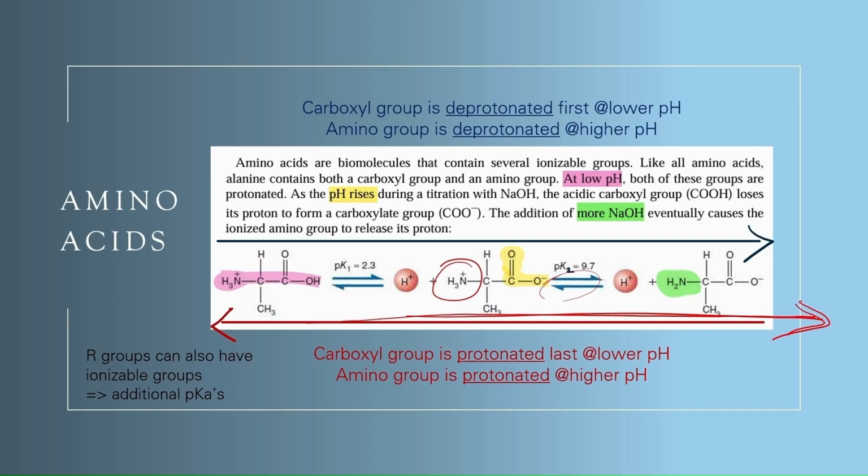And once all the amino groups have lost their protons, they're going to go past this equilibrium point and the pH is going to increase again, yeah? Now, at the highest pH, after pK2, you're going to have both of them in their deprotonated forms. Alright, I hope that is clear. In the reverse direction, what's going to happen?